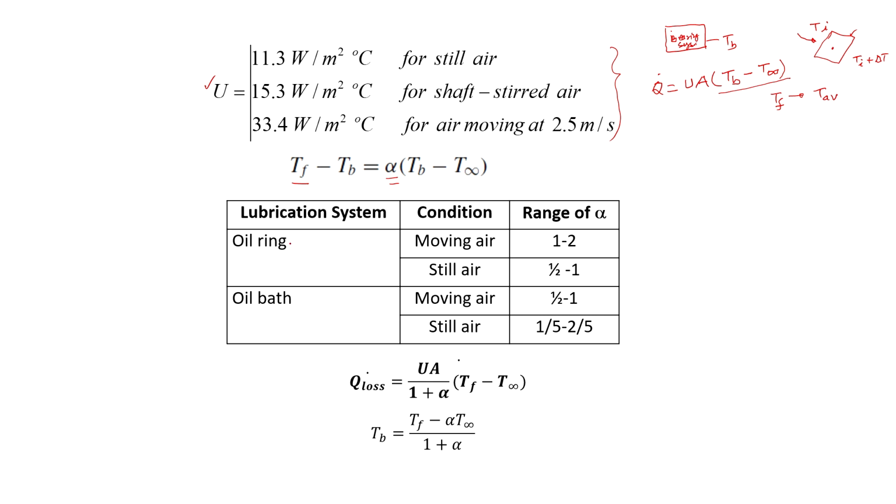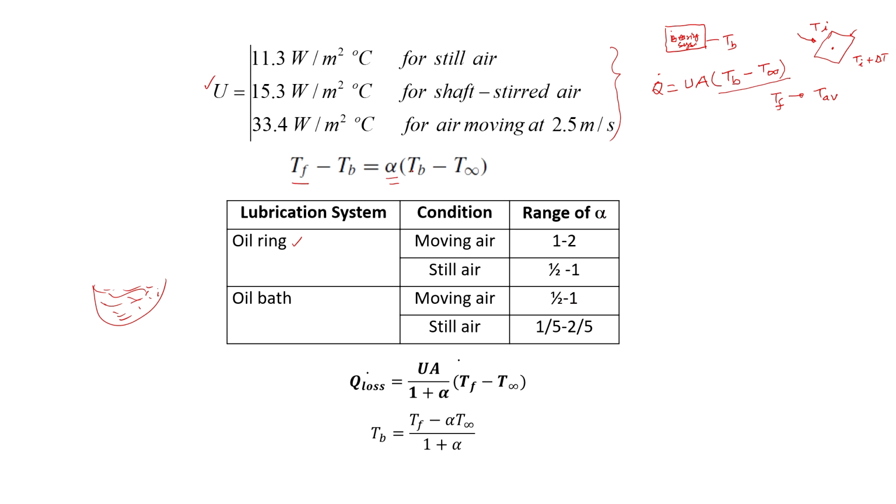If it is of an oil ring and depending on the condition of moving air or still air, there is a range of alpha. And if it is of oil bath type, that means the complete system is within the lubricant, the oil bath is there, then again corresponding to moving air and still air, we have a range of alpha.